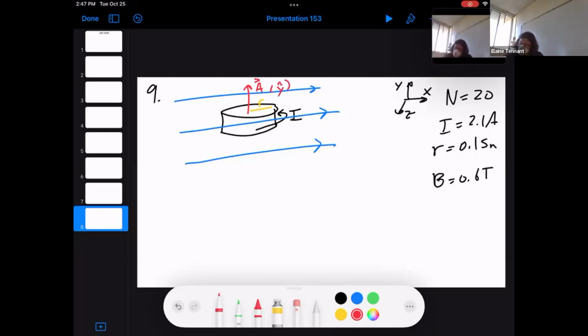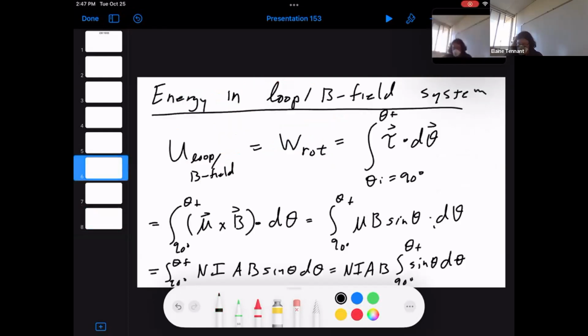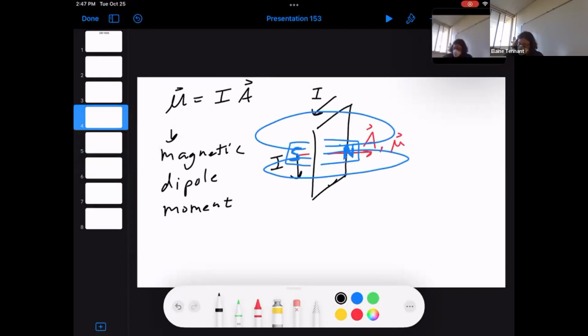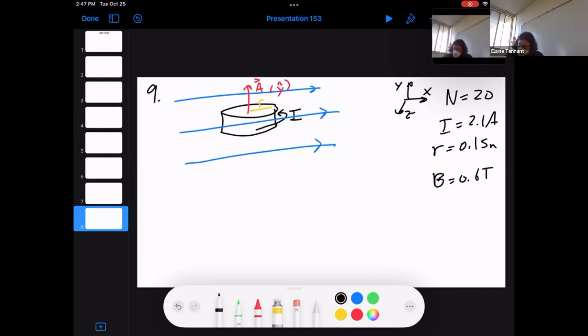What does that tell you about the direction of the magnetic moment? It'll also be up. Your magnetic moment has the same direction as your area vector. That's why you can treat it like a magnet, kind of. So the magnetic moment's going that way too.